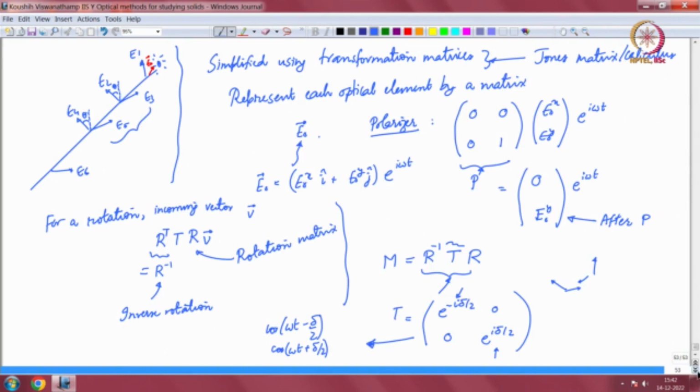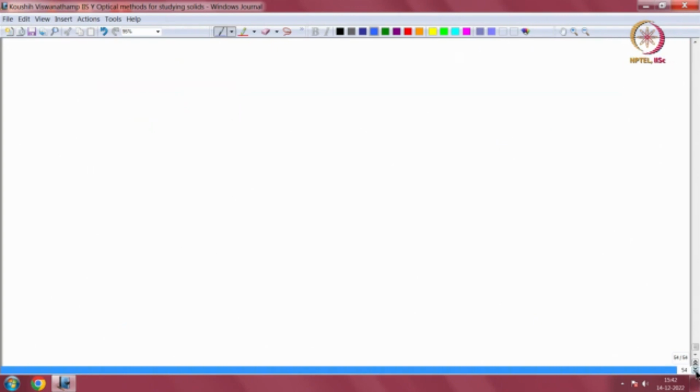okay. So, let me write down this general form for M. Remember the rotation matrix, let us start with the rotation matrix. So, the rotation matrix is cos theta, sin theta, minus sin theta and cos theta.